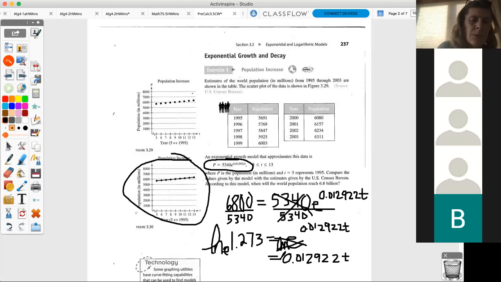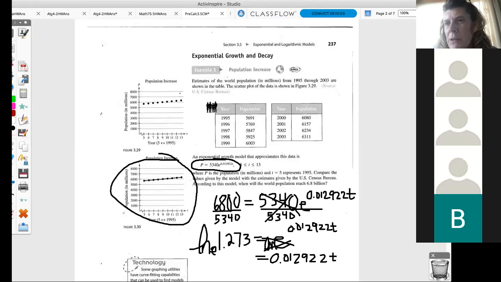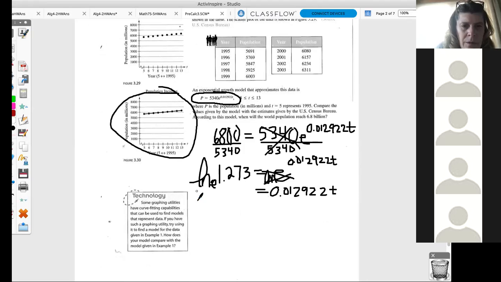What is that approximately? Because I'm not going to get the exact answer. 0.2414.